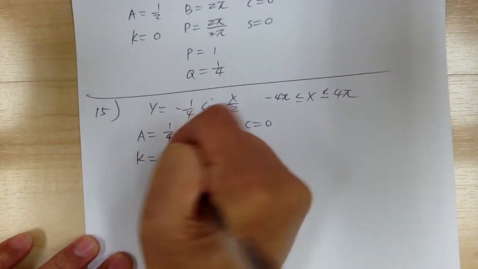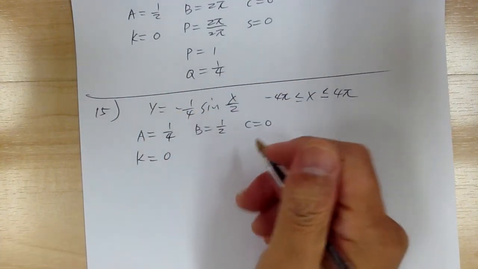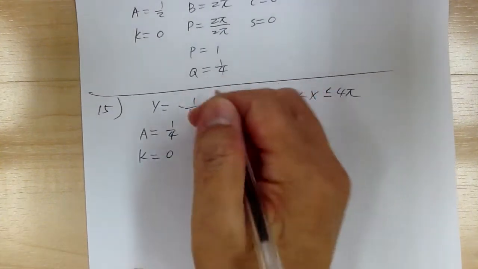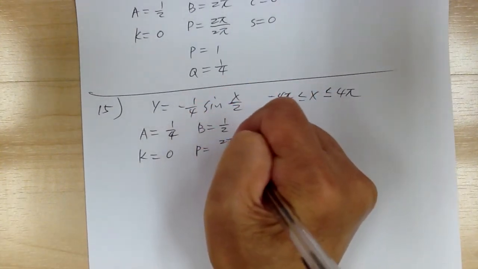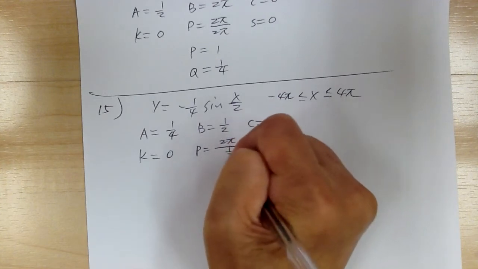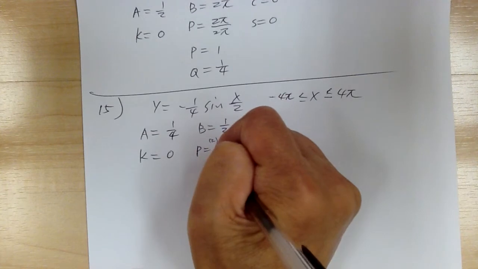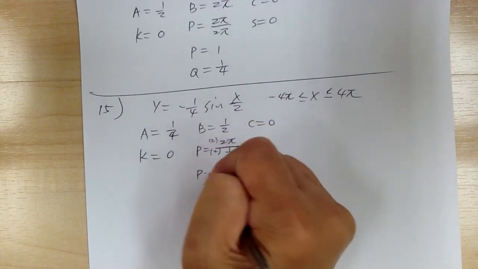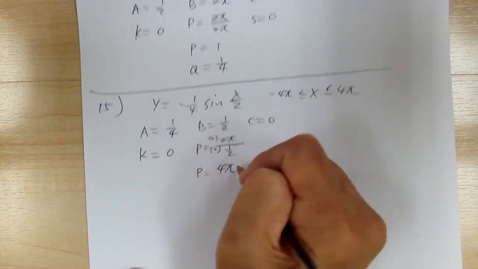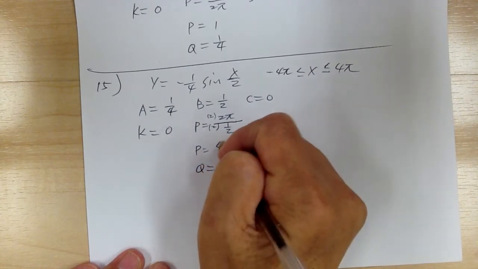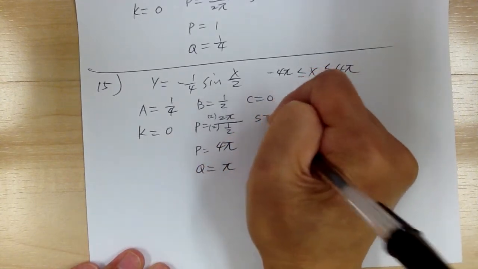So far k is always equal to 0. Okay, so now figure out the period. Period equal to 2 pi over b. To simplify, you multiply by the common denominator. So period equal to, this cancels, equal to 4 pi. So q is 1/4 of that, so it would be pi, and the shift equal to 0.